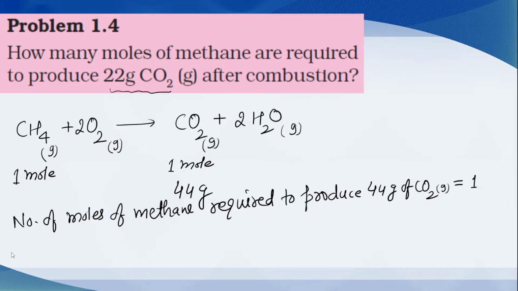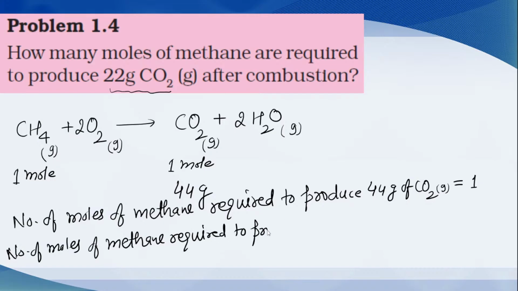So the number of moles of methane required to produce 22 gram of CO2 after combustion is equal to 1 upon 44 into 22.